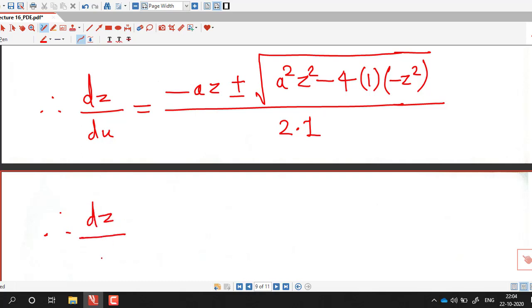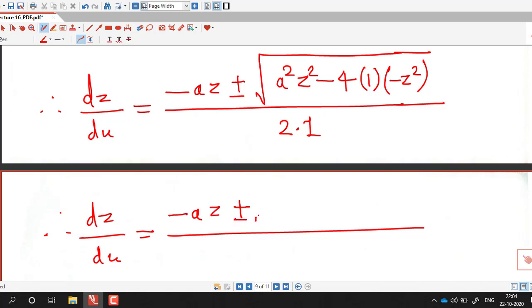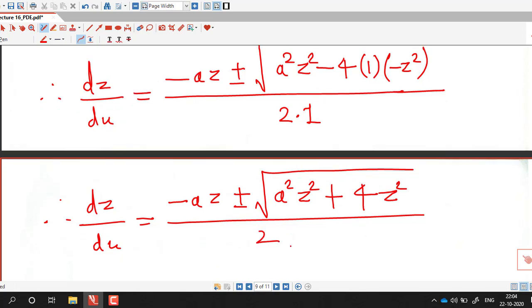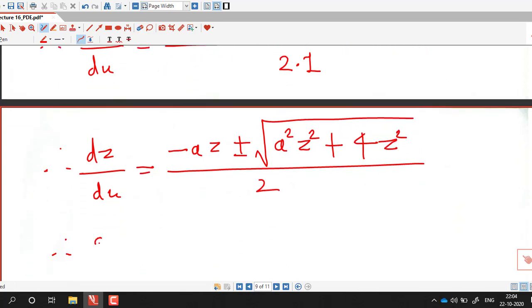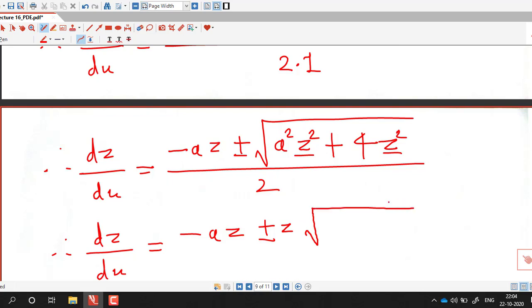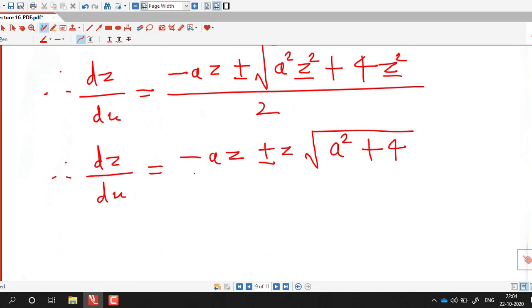So therefore dz/du equal to minus az plus or minus square root of a square z square, this is negative negative positive, 4 times z square, divided by 2. This we can again rewrite as minus az plus or minus, if we take z square common, the square root of z square is z, and here we are left with a square plus 4, divided by 2.